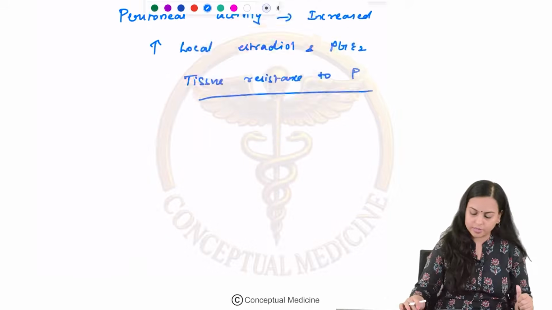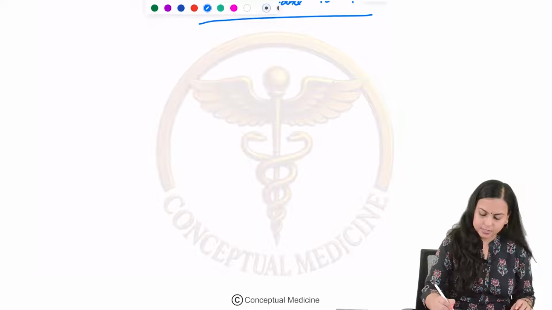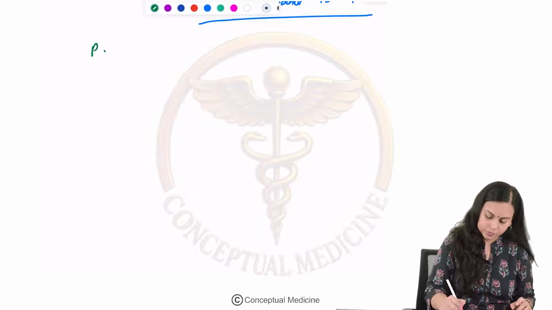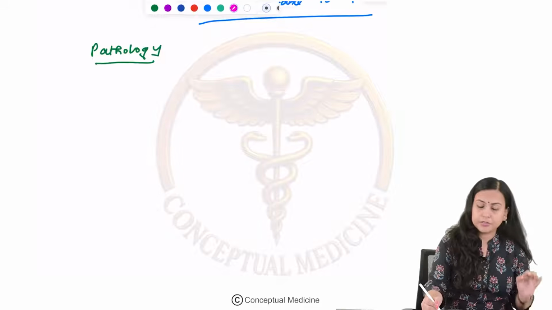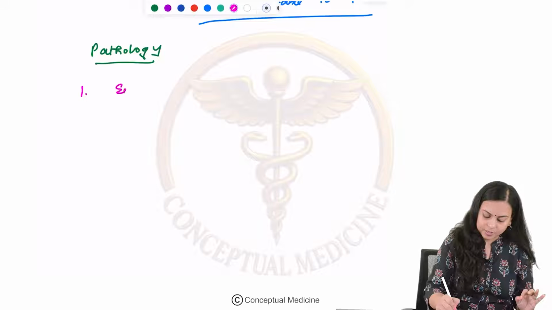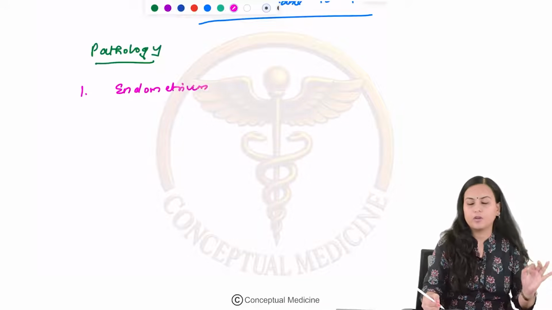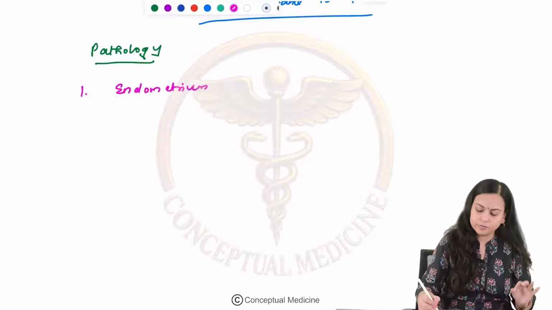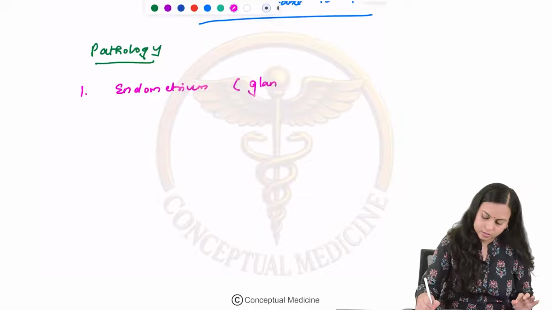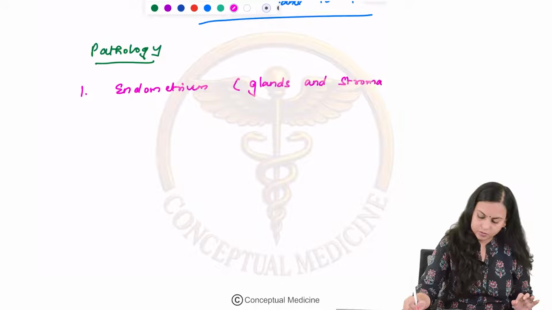Clear? Right. Now, let's discuss the pathology. So, pathology of endometriosis. I have already told you it is nothing but the endometrium at abnormal or ectopic sites. The endometrium will include both glands and stroma.